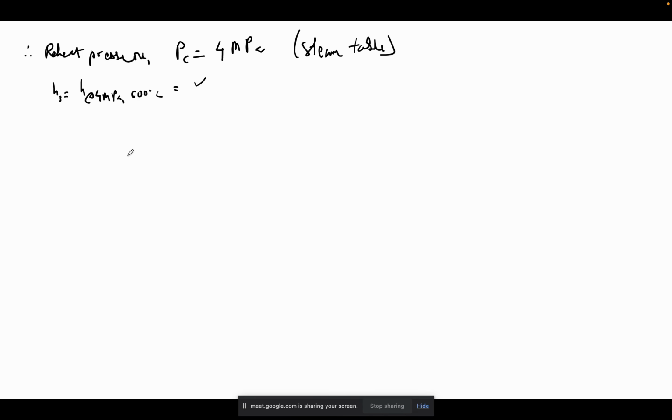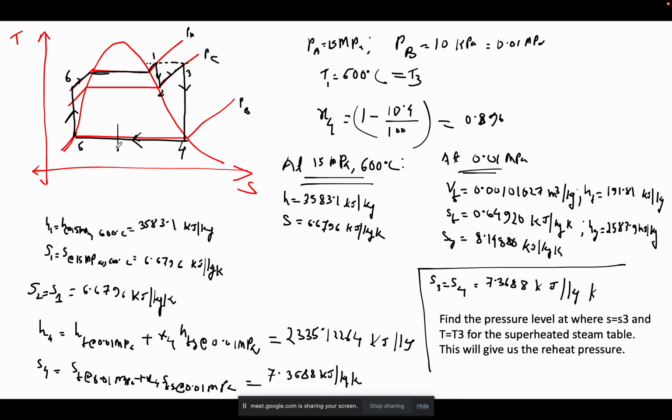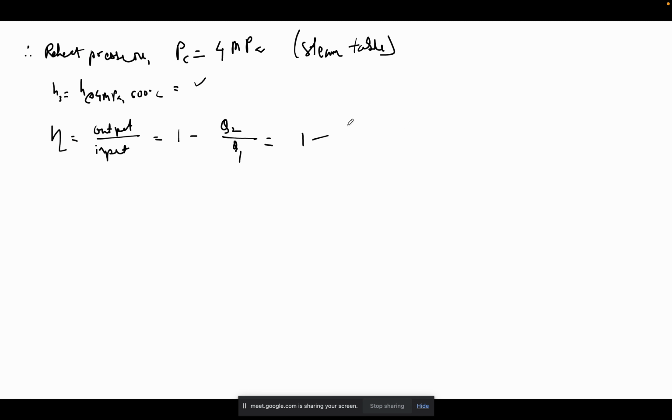Now I need to find the efficiency. Efficiency is nothing but output by input, and that is nothing but 1 minus Q2 by Q1. And what is my Q2? This is my Q2, this is my Q1. Okay, so for Q2 I need H4 minus H5, and for Q1 I require H1 and H6.